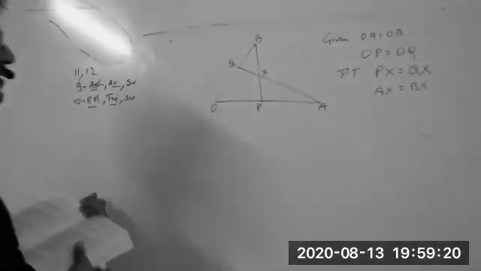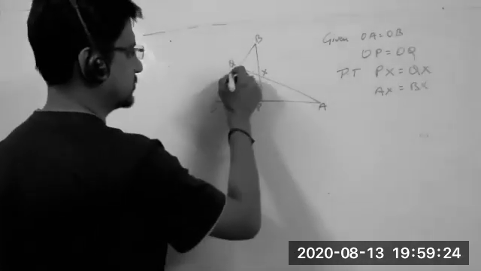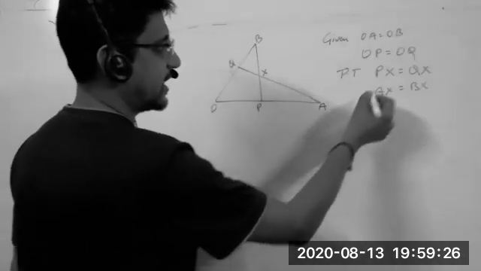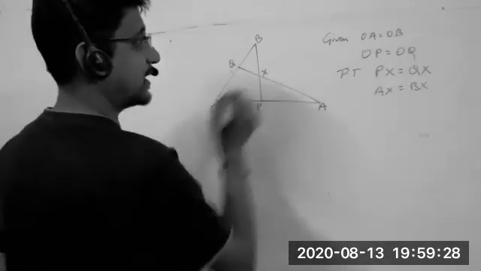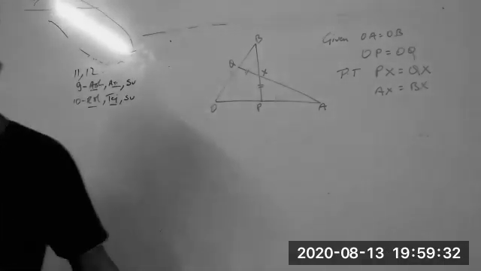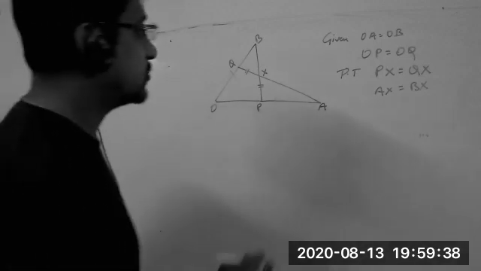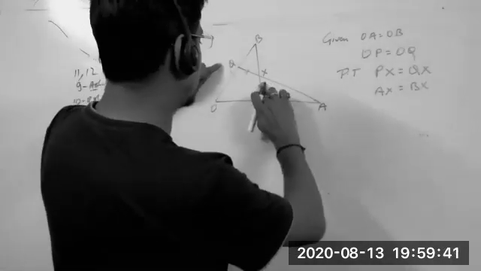Okay. OA is equal to OB, so this is equal to this, and PX and QX are equal. Okay, very good. Now what we have to prove is PX equals QX, sorry.